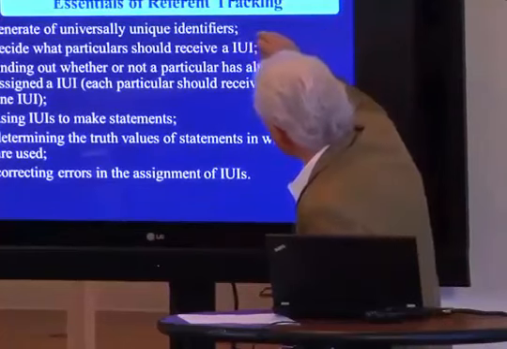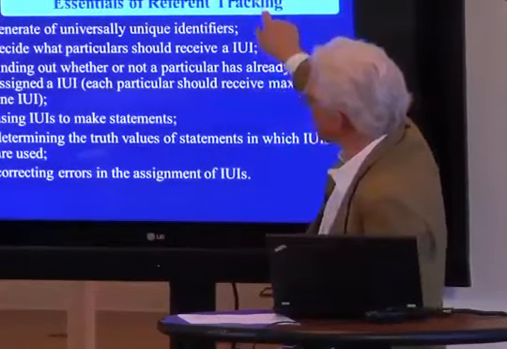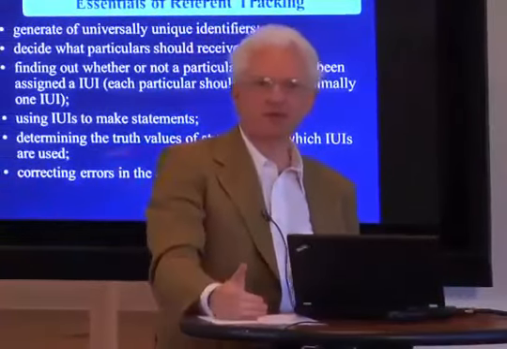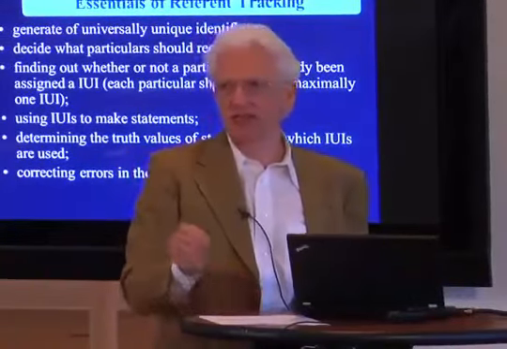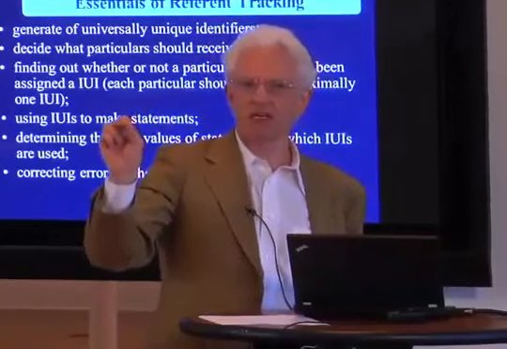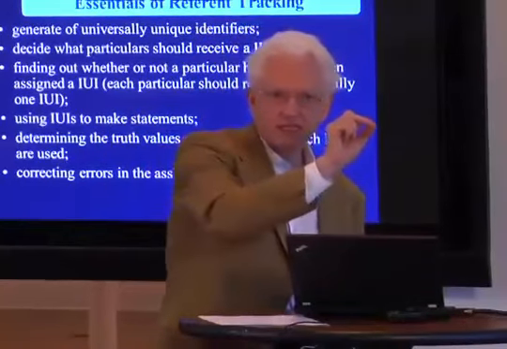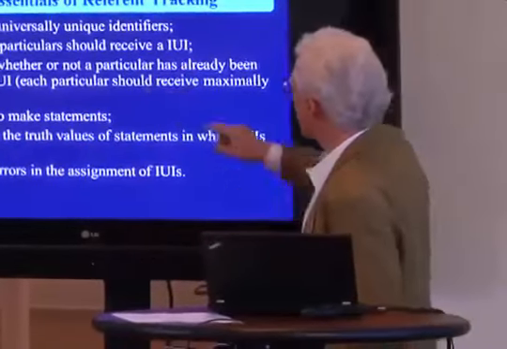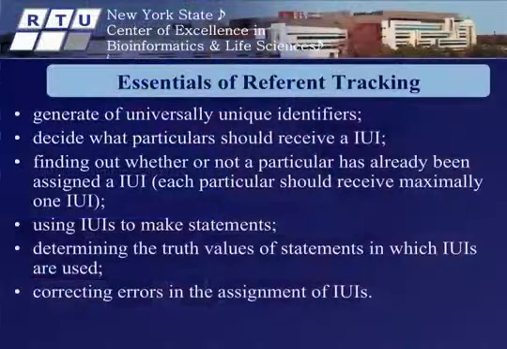Now, the important thing is that the IUIs should track. So if this patient had a pimple 3 weeks ago, then you want to use the same IUI today as you used 3 weeks ago, so that you can then track the IUI across the 3-week interval. And so before you can assign an IUI, you have to decide whether or not that particular has already been assigned an IUI, because each particular should receive maximally 1 IUI.